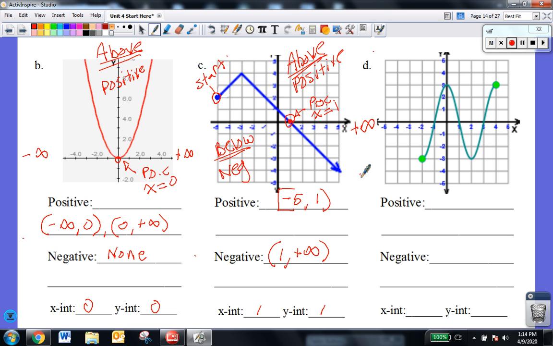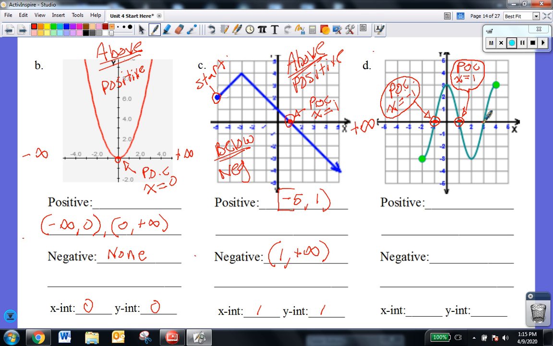Okay? Well, now let's move on to this third example and our last example. Where is this graph positive? Well, it would be good to know where our points of change are. I have one POC right here, and this is x equals negative 1. Then we have another point of change right here, and that looks like positive 1.